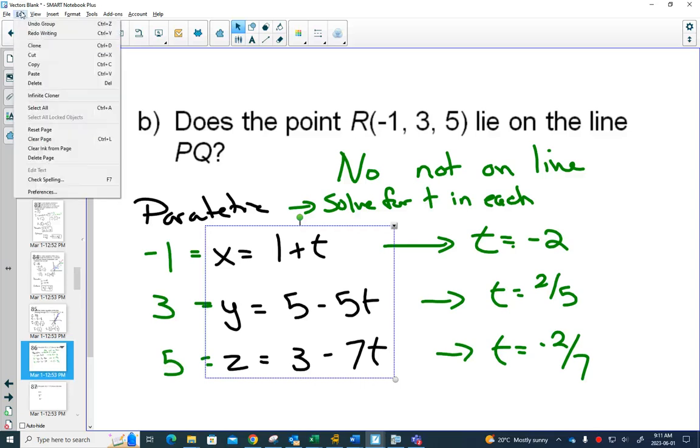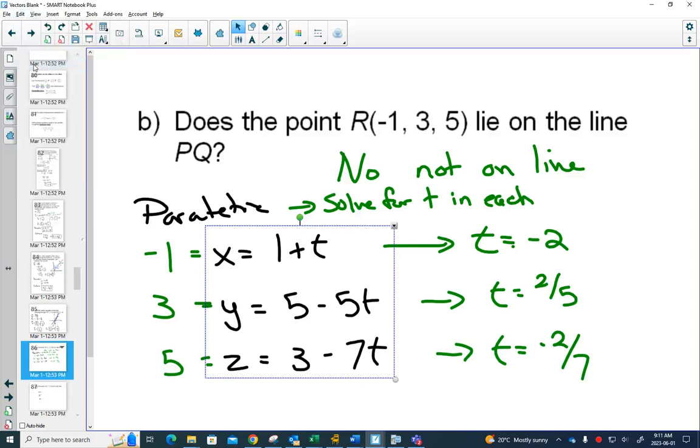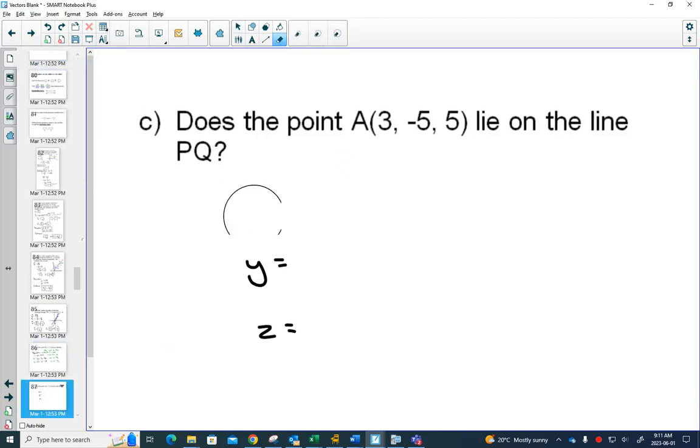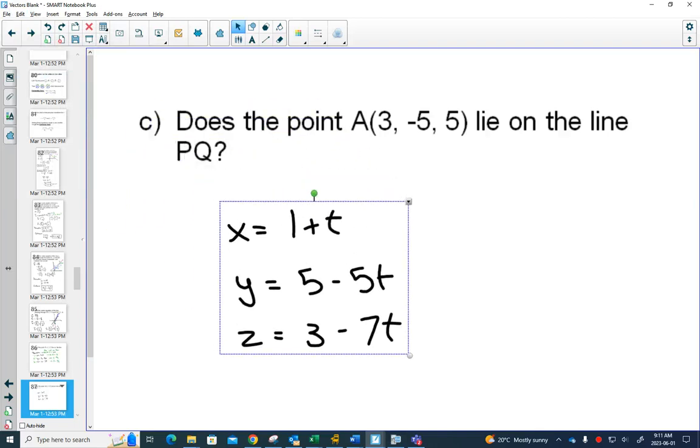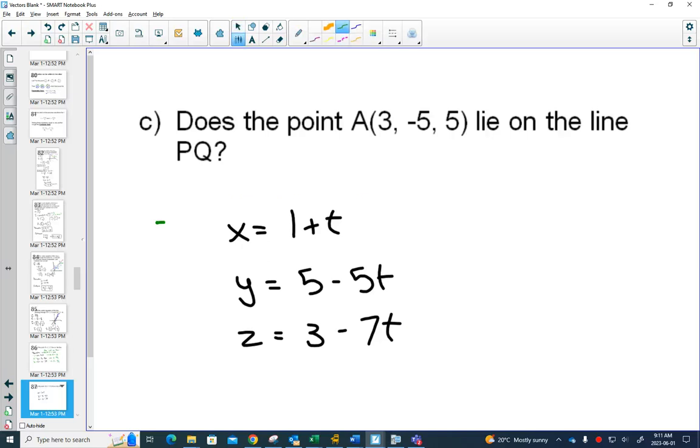So if x is equal to 3, can you see solving for t?